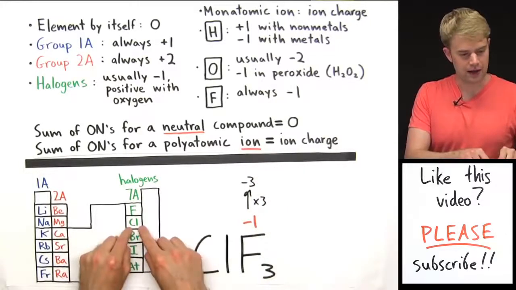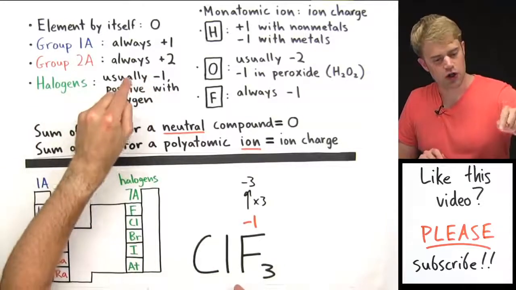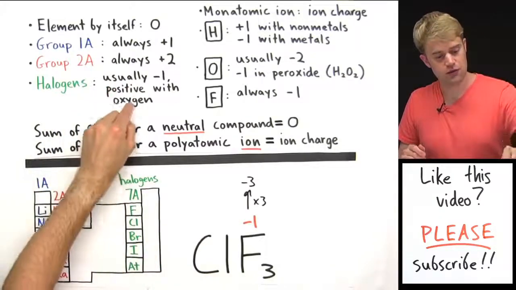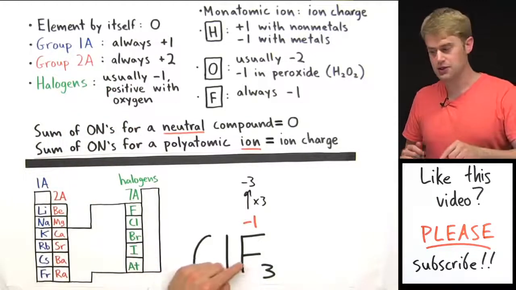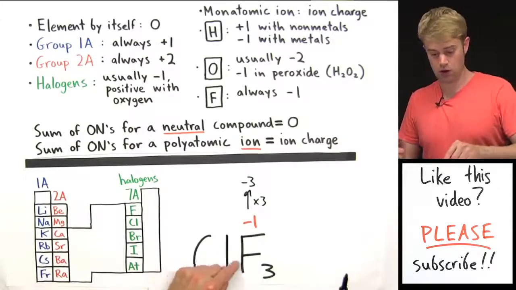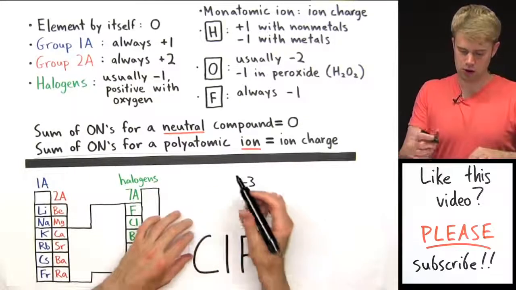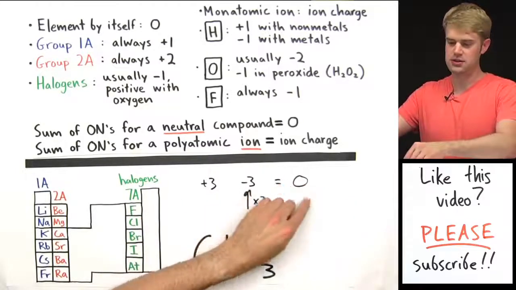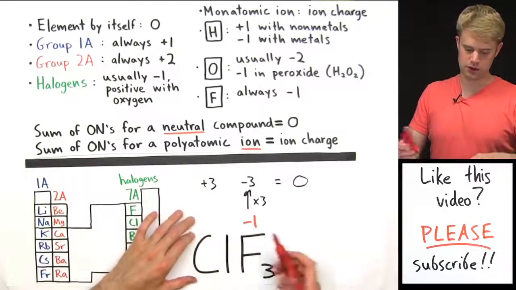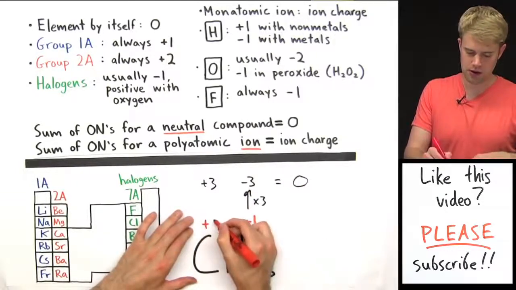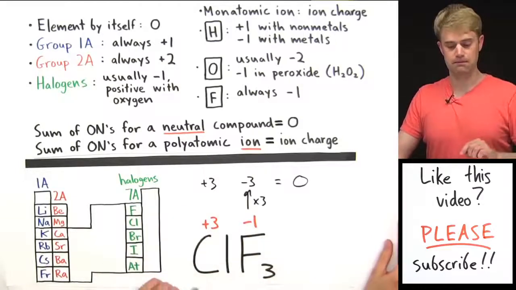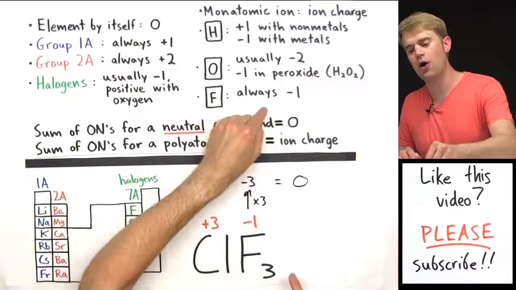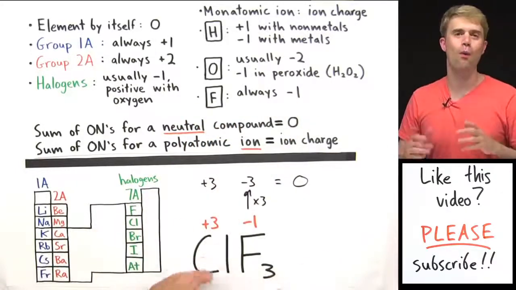Now chlorine, the other halogen, says that these other halogens are usually -1, but not always. They can be positive with oxygen. They can also be positive with fluorine here. So fluorine gives us -3. Chlorine must be +3 so that these can add together to give us 0, since this is a neutral compound, which means that chlorine's oxidation number must be +3. And it's +3 instead of -1 because it's paired with fluorine, which is always, always, always -1 no matter what.